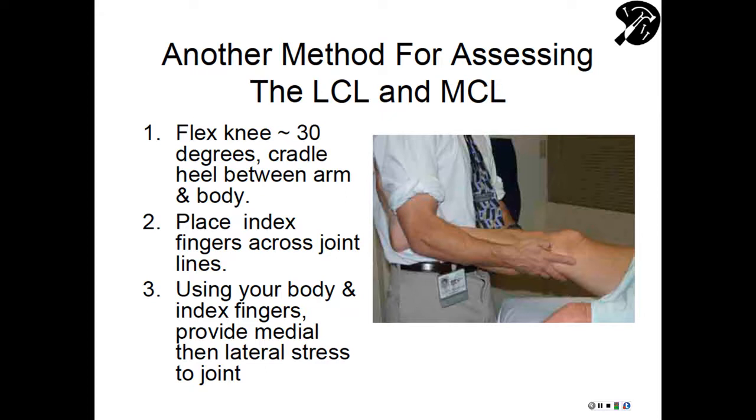If they've got a real tender knee, you will get there quickly. Meaning that if you give some medial stress and they've got a bad ligament, it's going to cause pain. So you don't have to be real aggressive with this kind of assessment if you do it cradled like this gentleman is pictured.